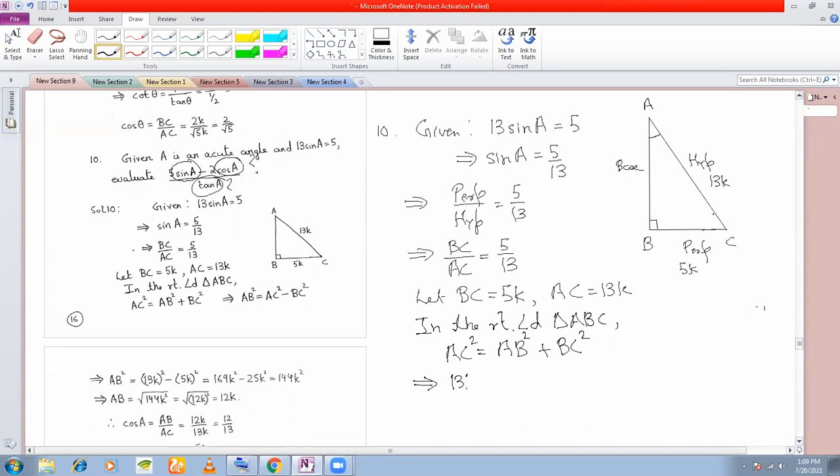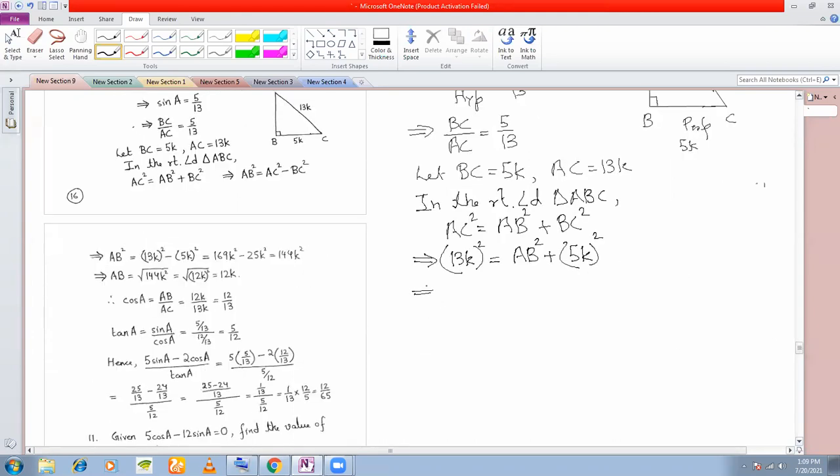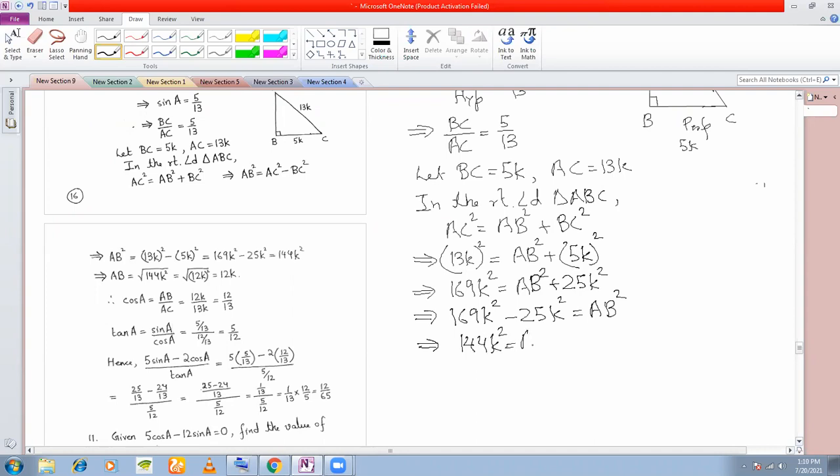AC square is 13K whole square is equal to AB square plus BC, 5K whole square. 169K square is equal to AB square plus 25K square. 169K square minus 25K square is equal to AB square. 144K square is equal to AB square.